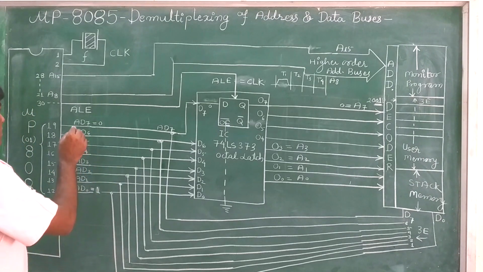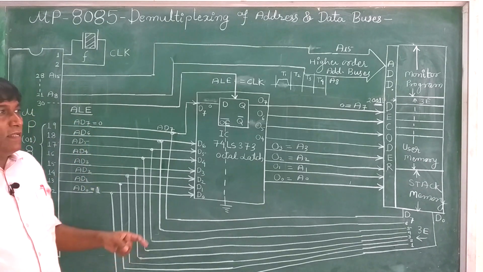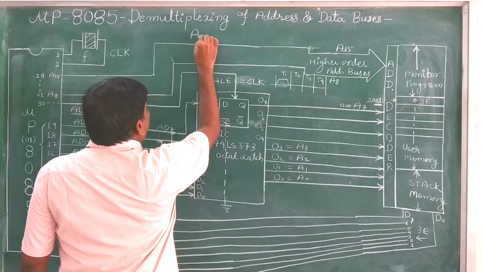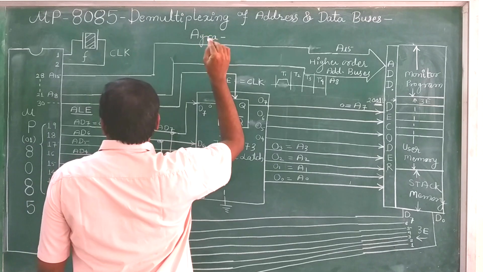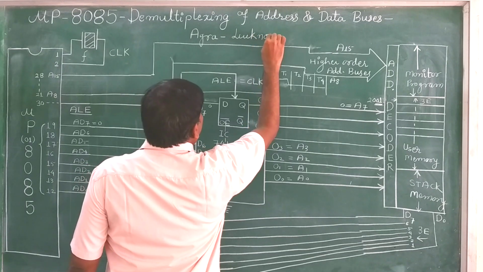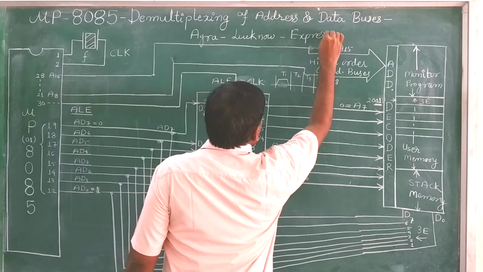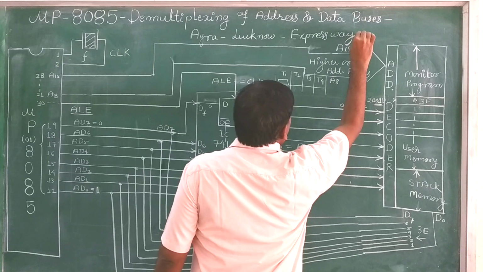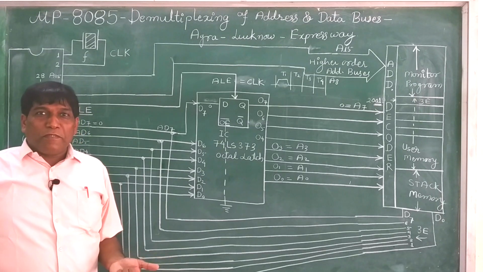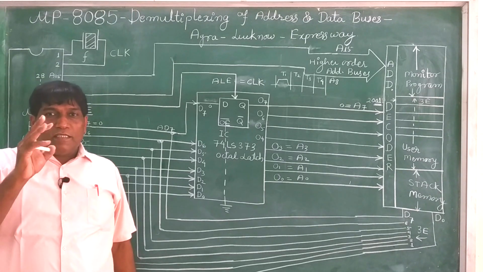For that, say this ALE signal actually may be related with a very simple thing, that is Agra Lucknow Expressway. Now the thing is, what is the meaning of Agra Lucknow Expressway? It is related. Say time sharing of different things are to be done.